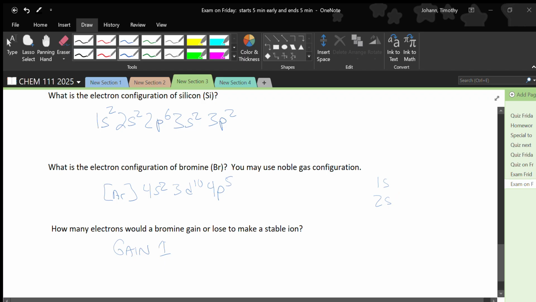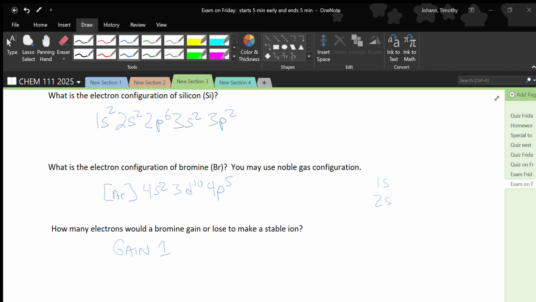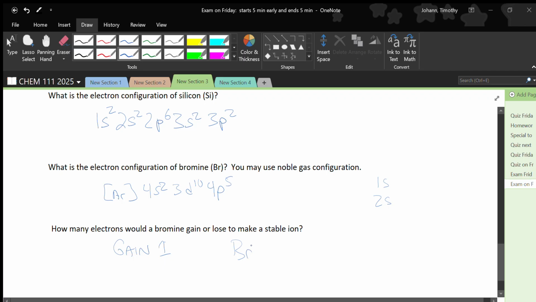Okay, yes. Why is it like when it's an element minus, you're gaining electron, but when it's an element plus, you lose? So this would make us bromine minus, is that what you're asking? Yeah. Okay, so electrons have a negative charge.